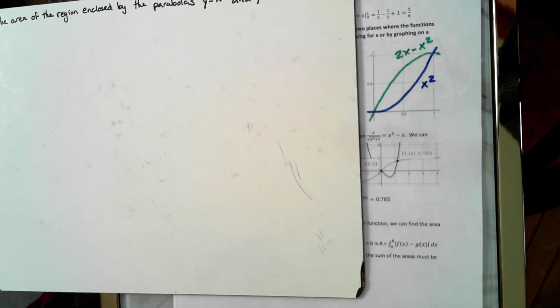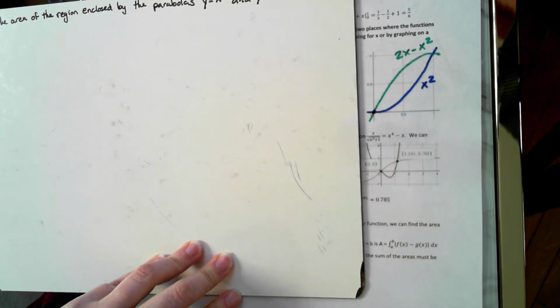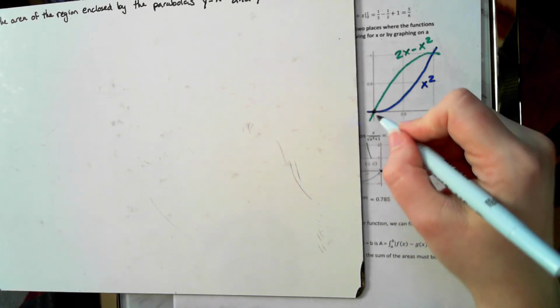Now, I like to go on Desmos for this. Desmos.com is a really good use for this because all you have to do is graph both of them, and then if you click on this point right here, it will tell you exactly what ordered pair that is. When I clicked on that, I got the point 0, 0.